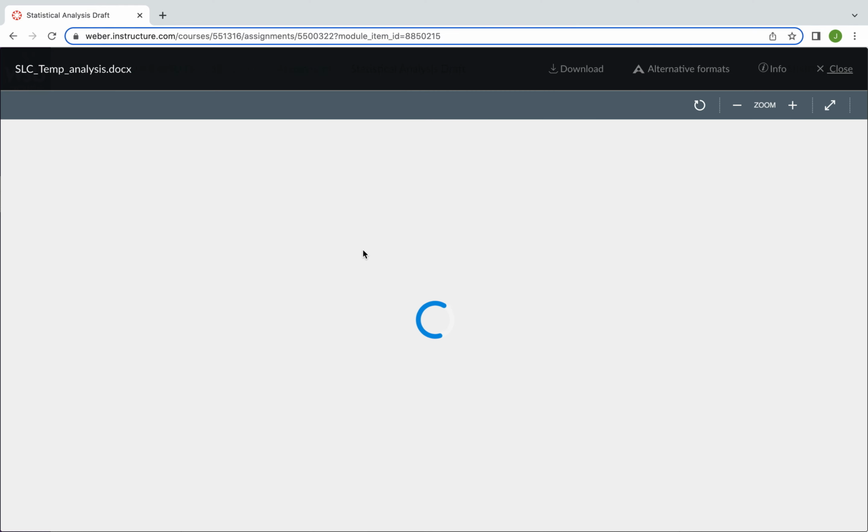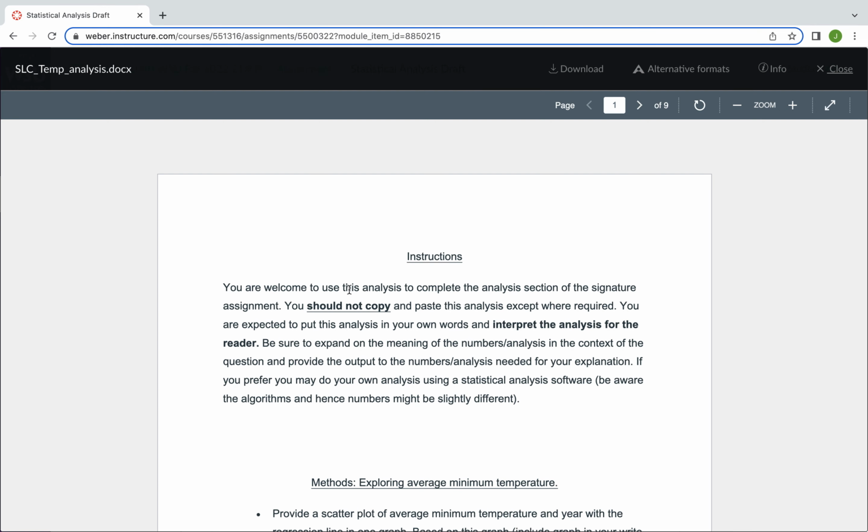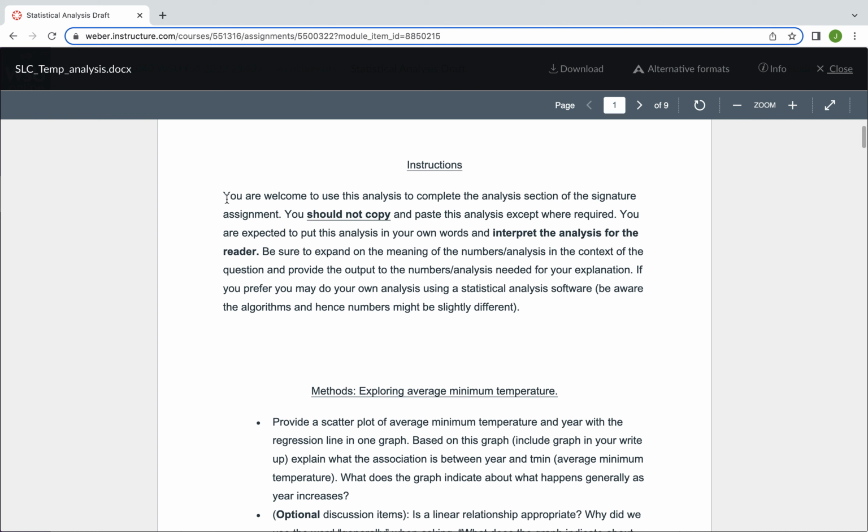This provides a lot of the output, but not all, of the data that you need to answer most of the statistical questions. Okay, and I'm going to read this to you because a lot of times people forget it when they're writing their statistical analysis draft.